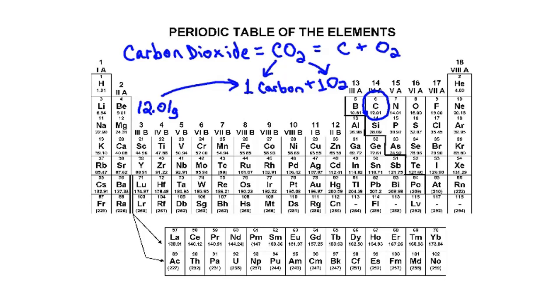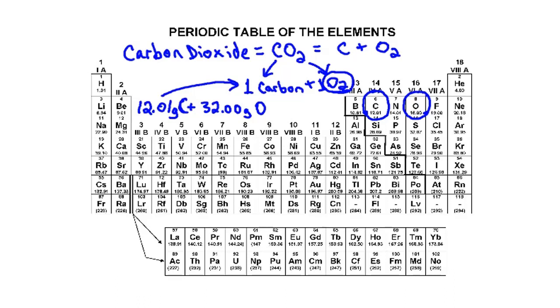And now let's look at oxygen, which is 2 blocks over. Its atomic weight is 16.00. But we don't have one atom of oxygen here. We have O2. So you take that 16 times 2, which is 32. So we're going to have 32.00 grams of oxygen. And this is carbon.